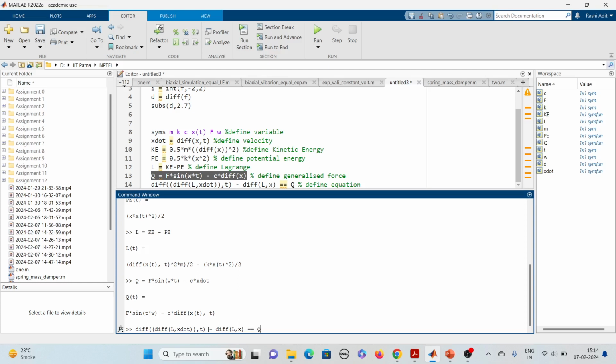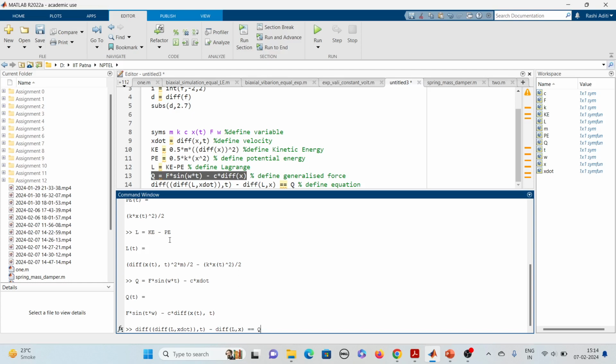Now, why am I using 2 is equal to and not 1 is equal to? Earlier I was using 1 is equal to. What was happening? I defined a variable and wrote that the variable is equal to this. So the left hand side was taking the value that I was giving on the right hand side.